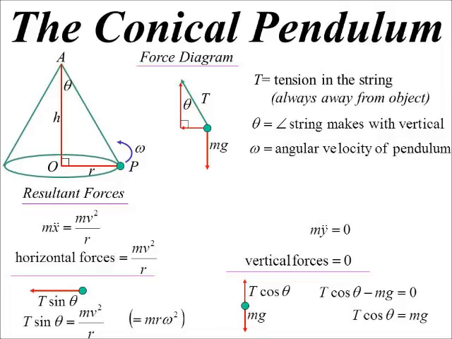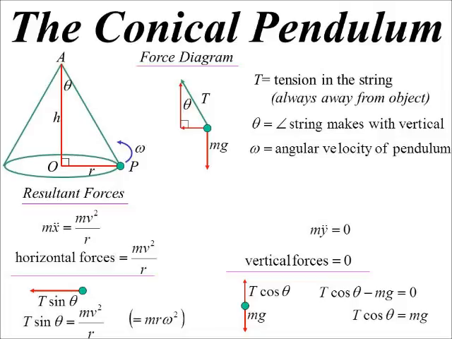I've made up being positive, so that's why T cos theta was positive. I could have just as easily made down being positive, and then I would have had mg minus T cos theta equals 0. Still get the same equation, T cos theta equals mg. It sort of made more sense to make up positive, because that's what we're used to.